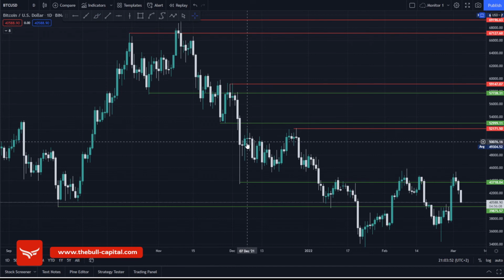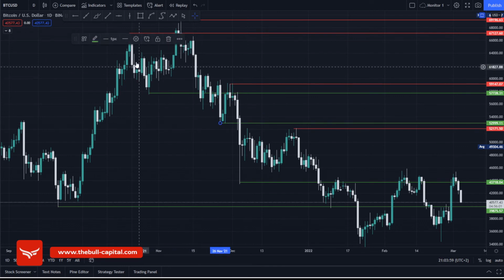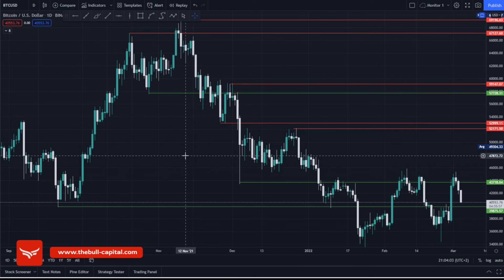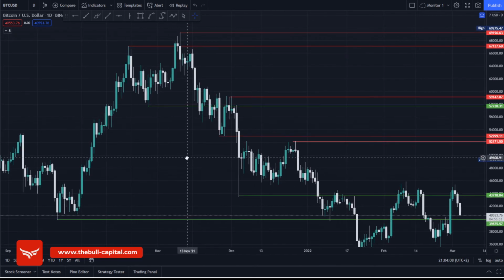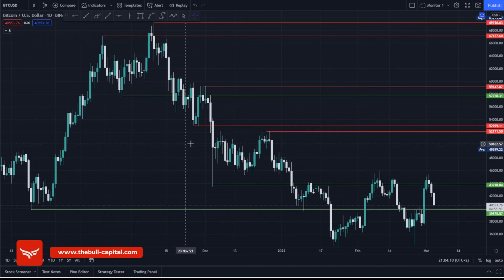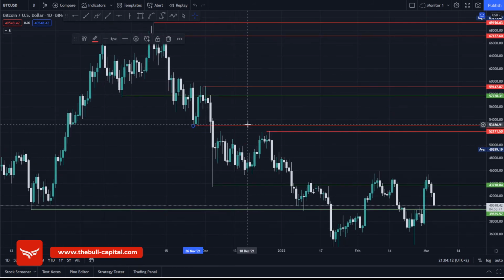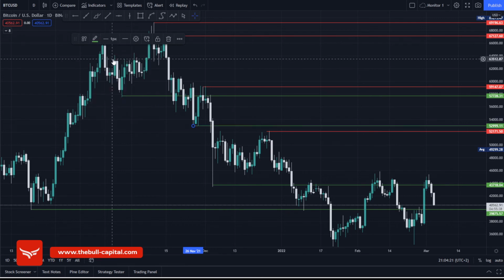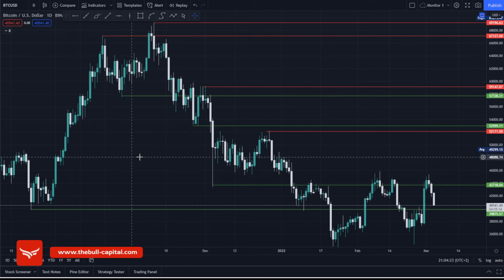Once the price broke the support and closed below it, this support is now going to act as resistance. If the price breaks this resistance and closes above it, then the resistance is going to turn into support.